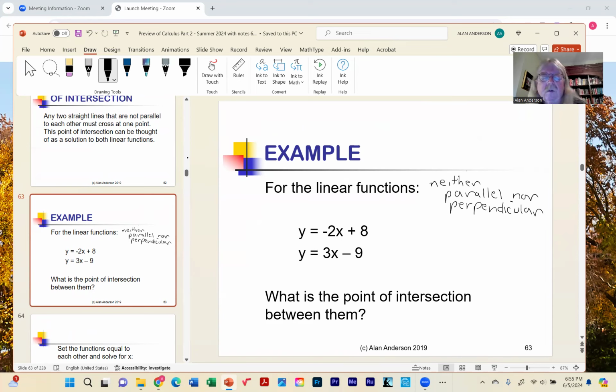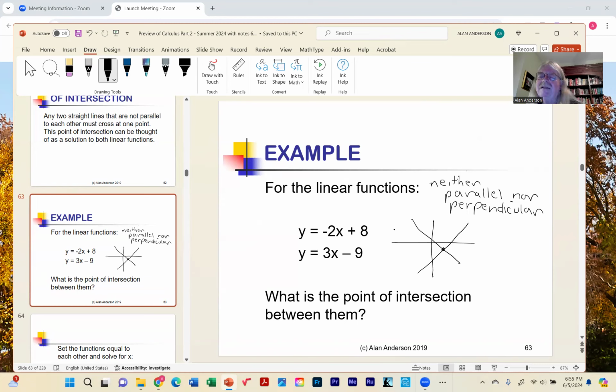Okay, so what we're basically going to do, and by the way, what you're really doing here is this. At that point, you are finding where the two equations equal each other.